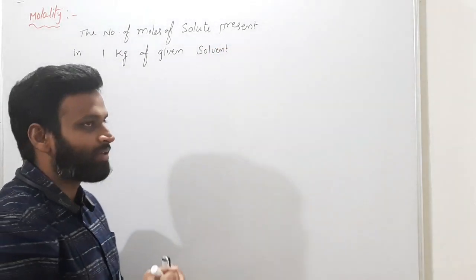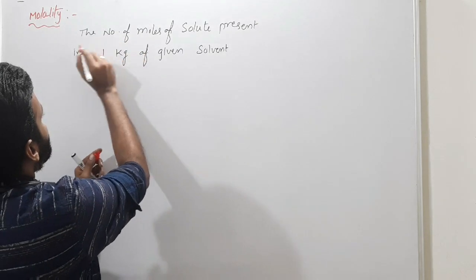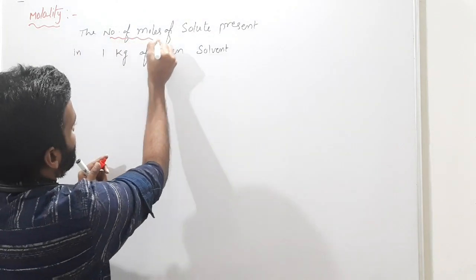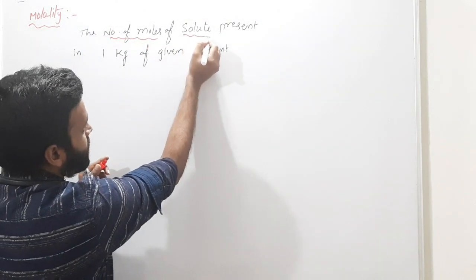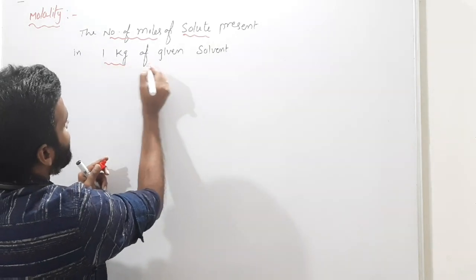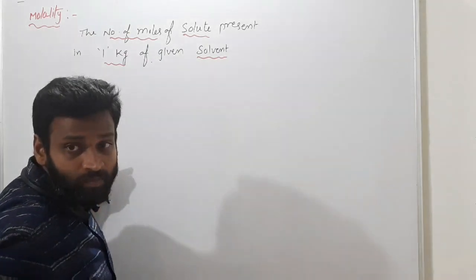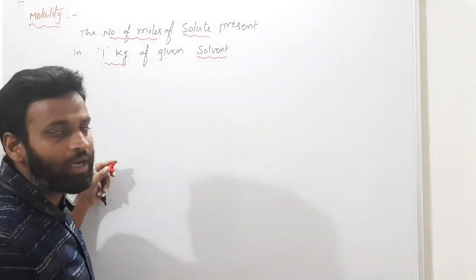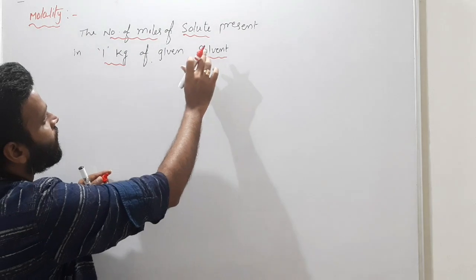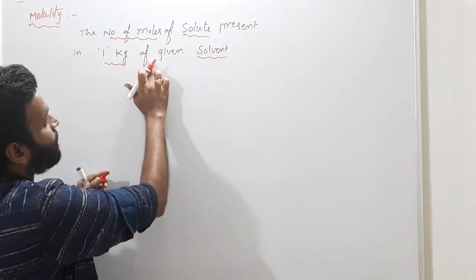Just recapping a few things. Molality means the number of moles of solute present in 1 kg of given solvent. Molarity means the number of moles of solute present in 1 liter of given solution.